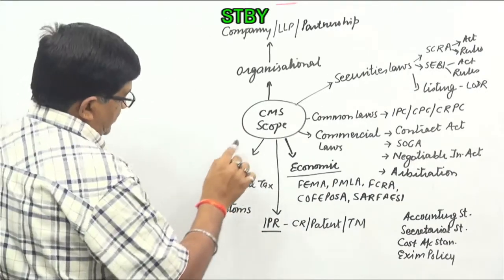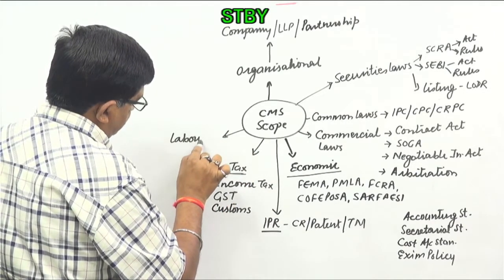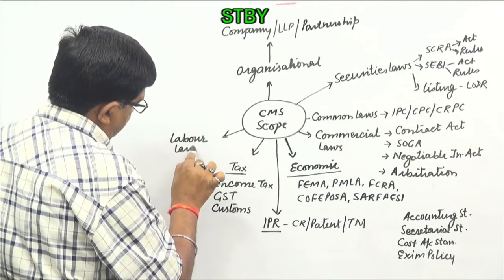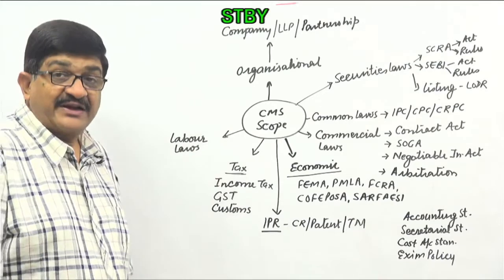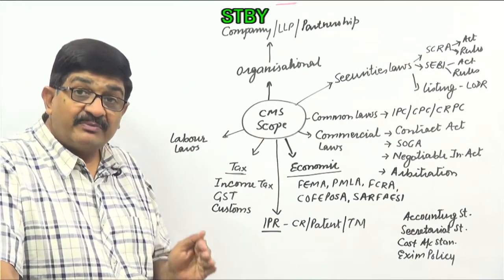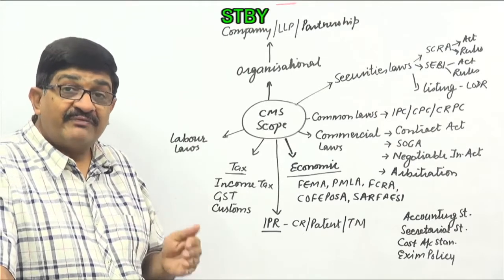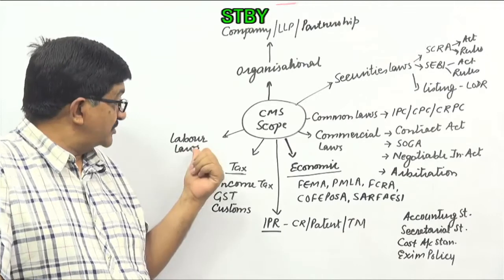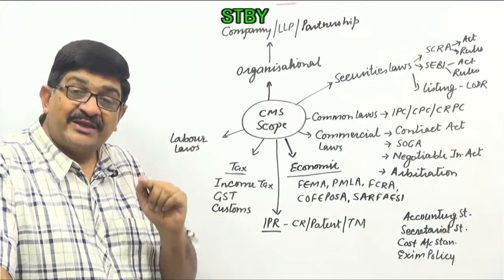Then labor laws. Complete paper on labor laws. Factories Act, Industrial Disputes Act, Payment of Wages Act, Minimum Wages Act, Payment of Compensation, Payment of Bonus, Payment of Gratuity, Payment of Provident Fund, ESI, all those laws. More than 17 laws are there which are known as labor laws.